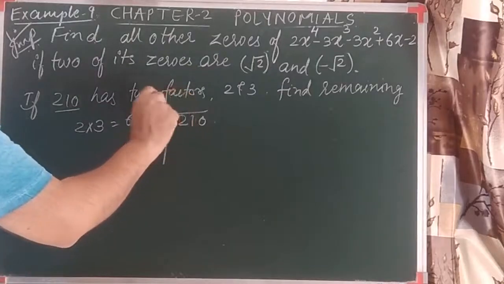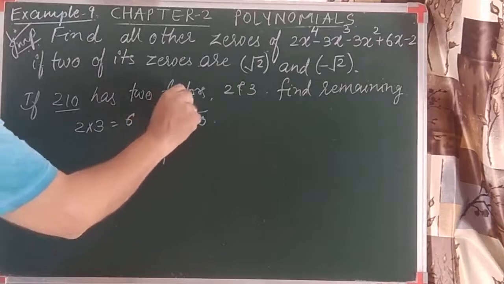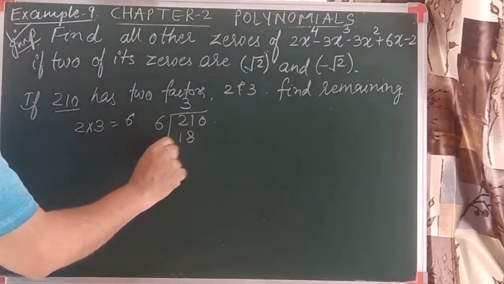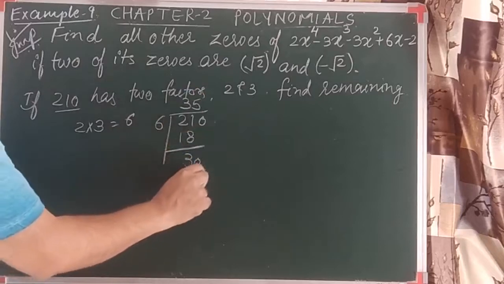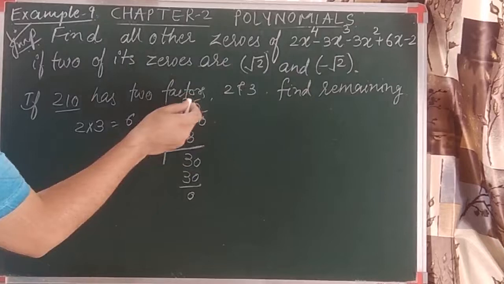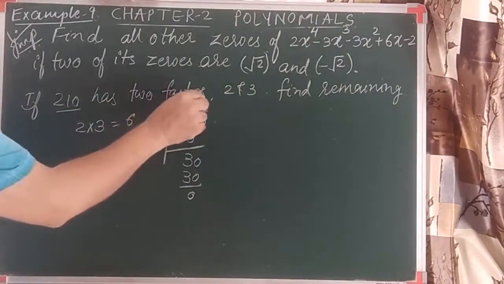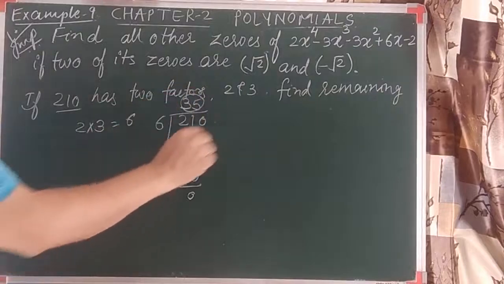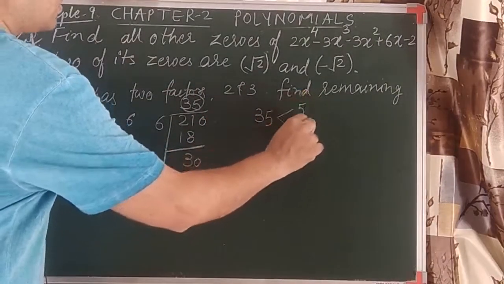So 6 ones are 6, 6 threes are 18, 6 fives are 30, we got 35. Yes, you can say that the given two zeros, मतलब इन दोनों का प्रोडक्ट भी a zero of the given. तो हमारा क्वेश्चन क्या है यहाँ पे 35. अब 35 के हम प्राइम फैक्टर्स निकालेंगे 5 और 7.